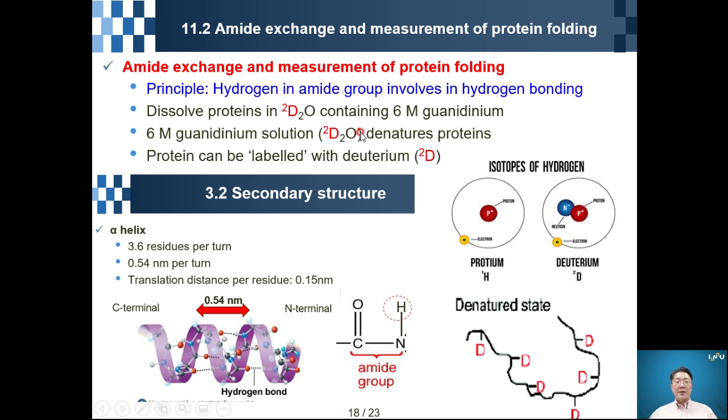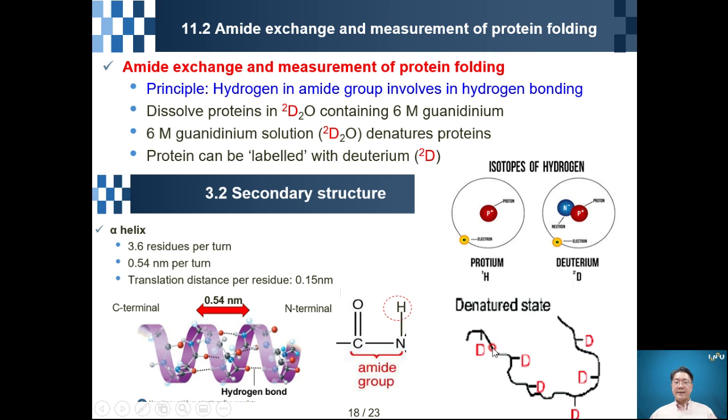The procedure of this experiment is, first of all, dissolve the proteins in D2O containing 6 molar guanidinium. The 6 molar guanidinium solution can denature the proteins.